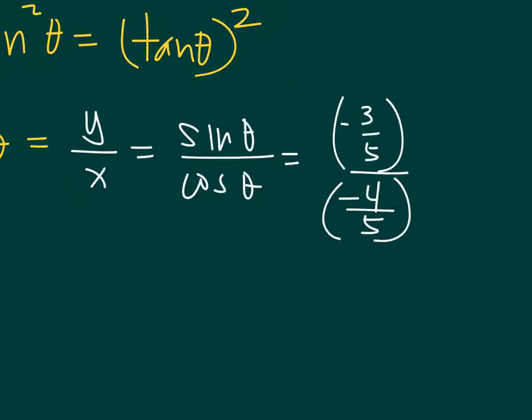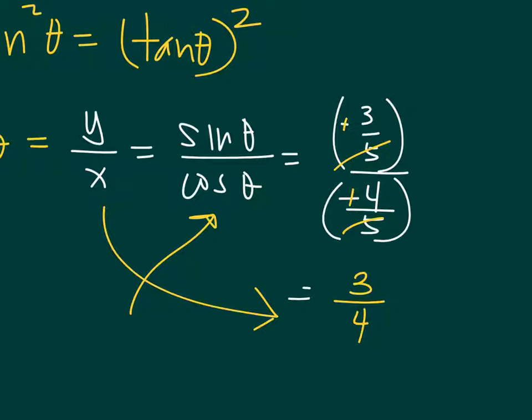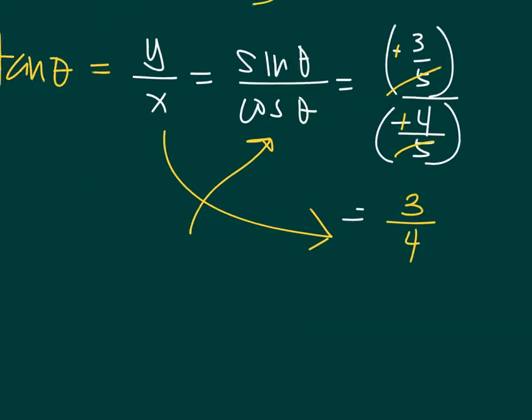When you simplify this, cancel out yung 5, cancel out yung negative signs. So, dapat 3 over 4. Or if you want to use y over x directly, you can get 3 over 4, kasi y is 3 and x is 4. I'm just showing an alternative, sine over cosine.